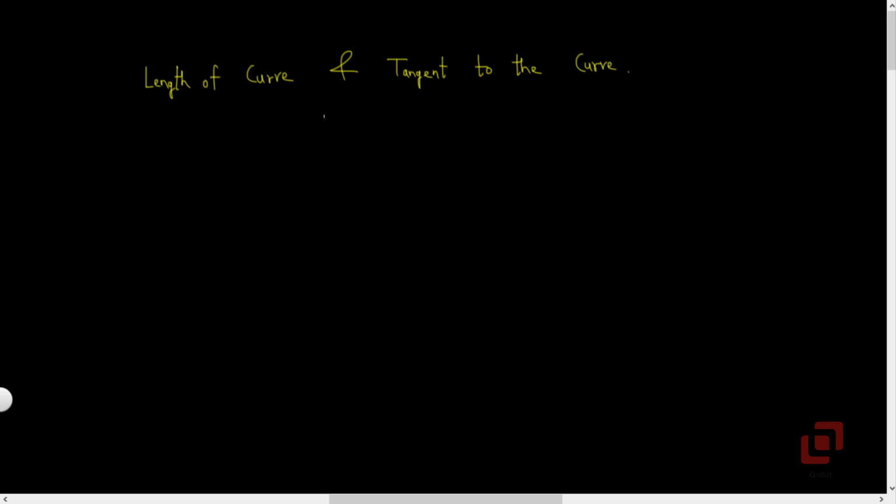Having seen the parameterization of curves, we will now see how to find the length of a curve and the tangential direction to the curve at any given point when its parametric equation is known. First we will talk about the tangent to the curve, and later we will go to the length of the curve.